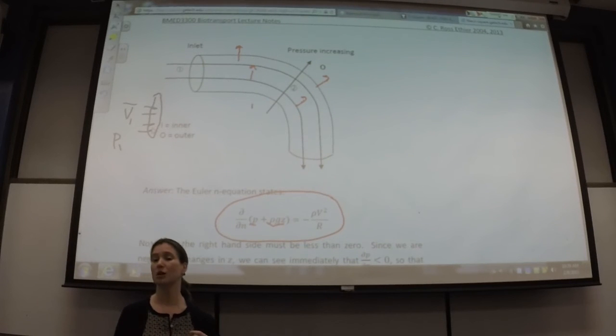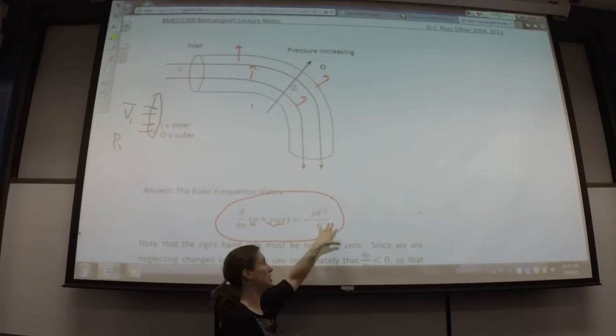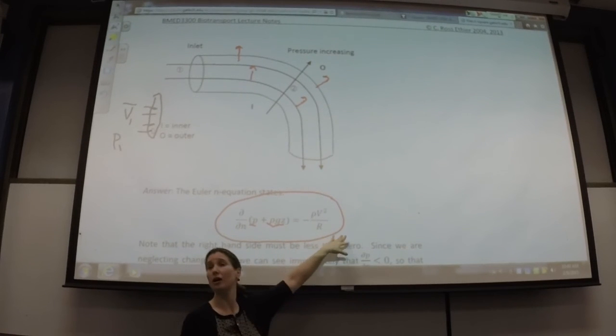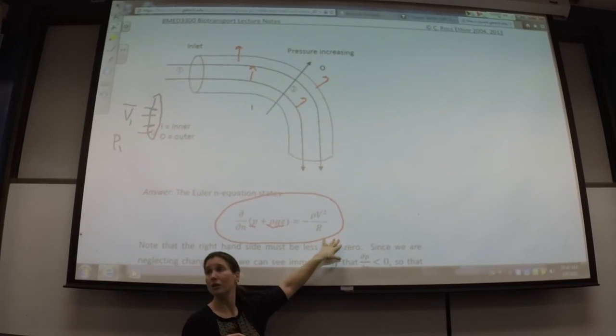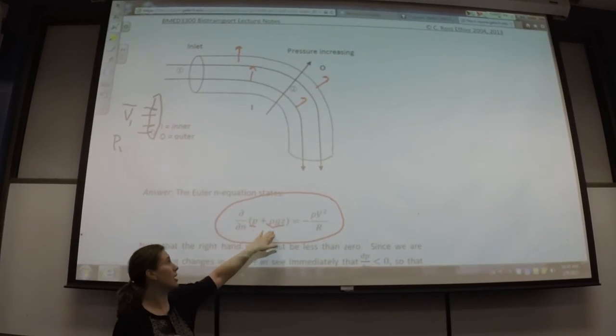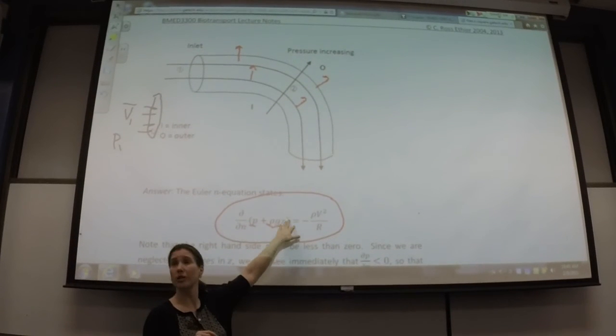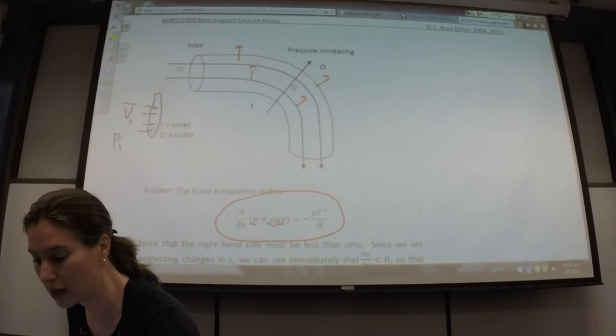So the Euler equation was giving us something that basically takes into account a curvature through a radius in the denominator. It's taking into account a pressure. And then we said we're going to ignore this z term, right? So this can be actually eliminated.